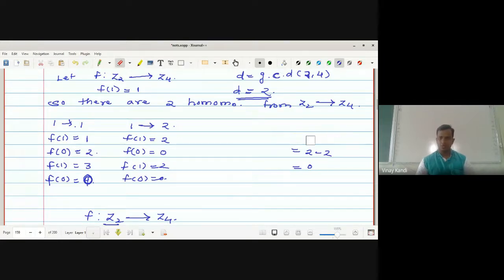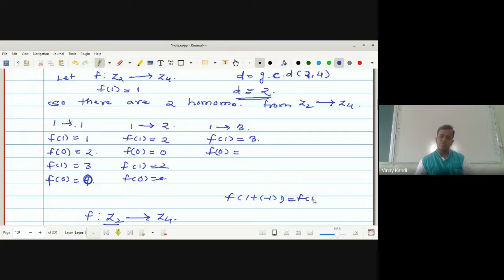Now another possibility. If 1 maps to 3, what happens? F of 1 is 3. What is f of 0? F of 0 is equal to f of 1 plus f of minus 1.